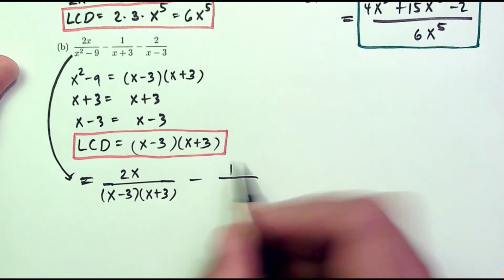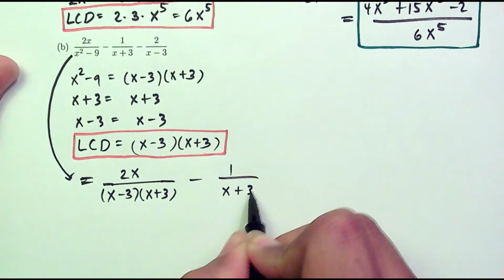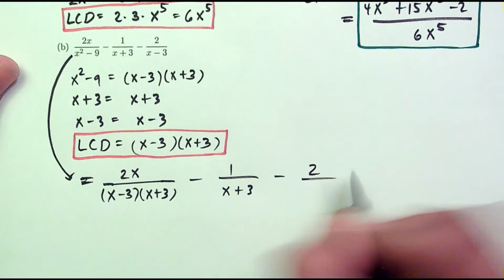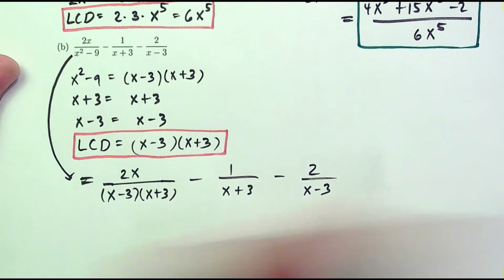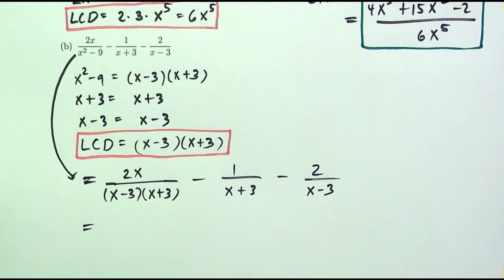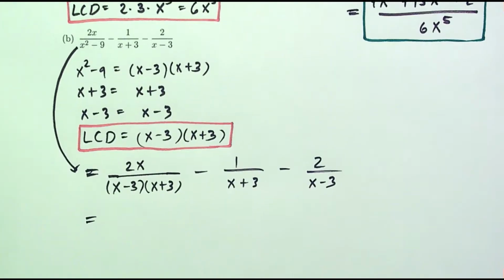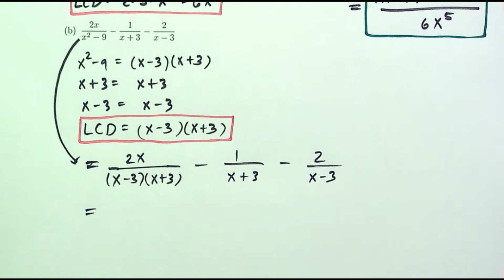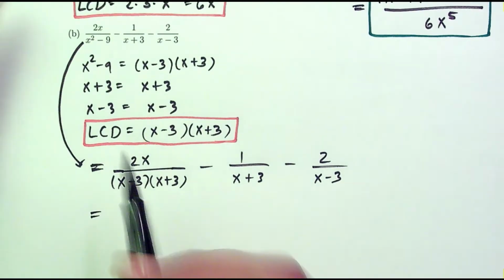Okay, so I'm just copying the problem here again for my convenience. That's the same problem. Haven't done anything yet. Now we want all the denominators to be this.